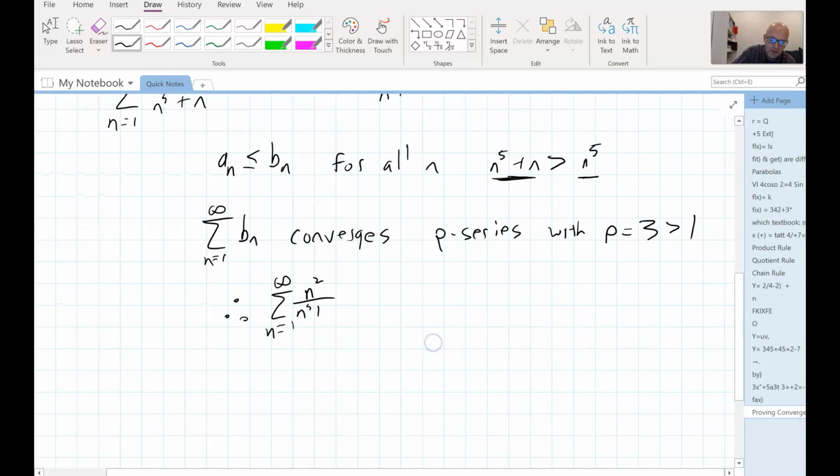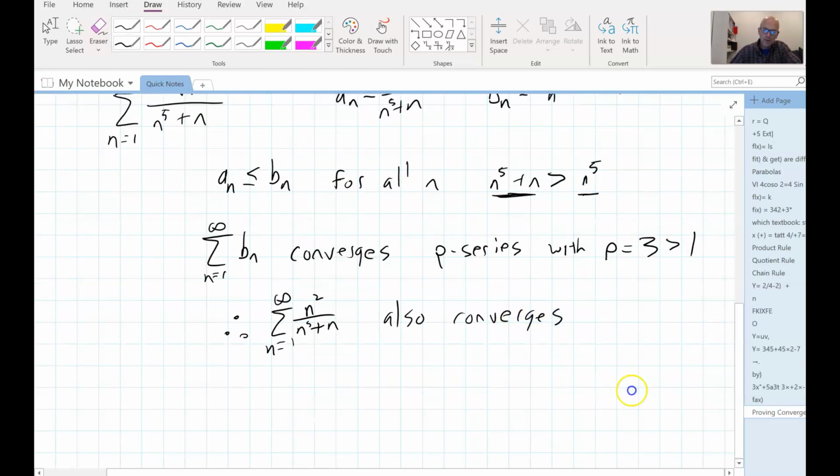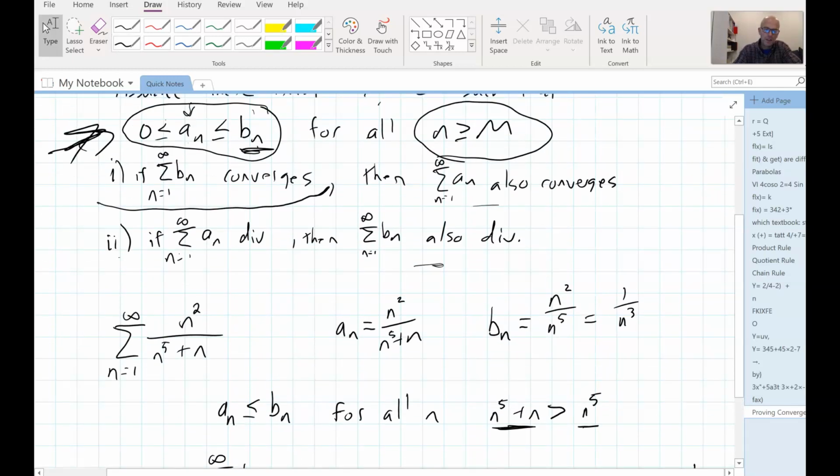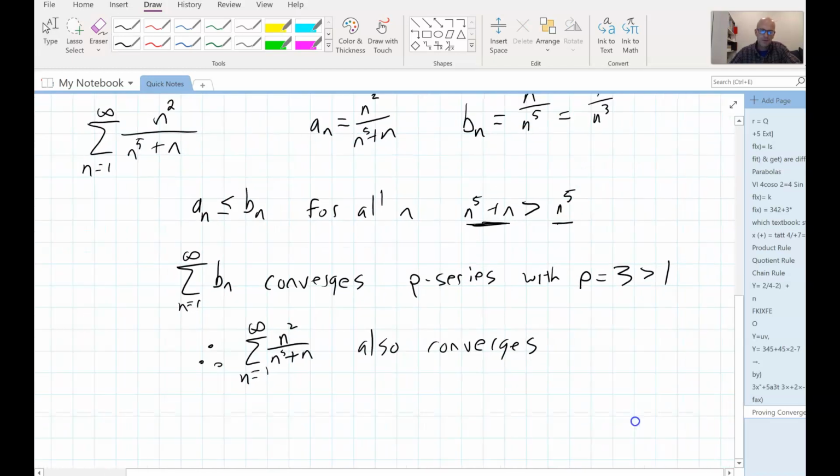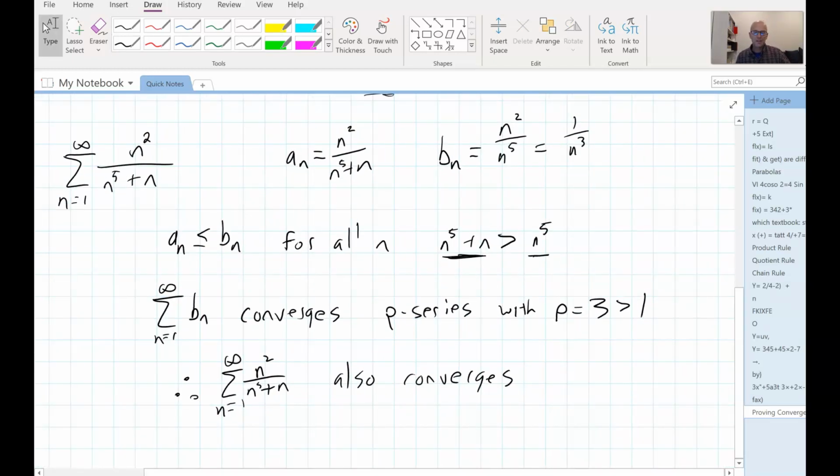Okay, so therefore, this series also converges, because that's exactly what this tells me, right? If I have my b sub n converging, then my a sub n also has to converge. Right? So there's my proof. So I've just shown in a series of language or notation and facts that this series is convergent.